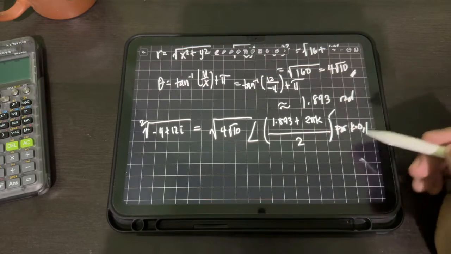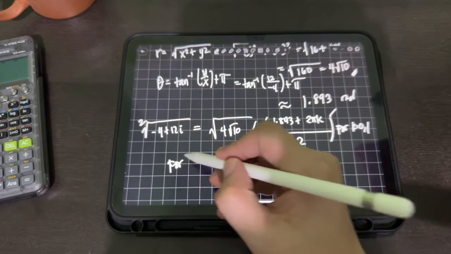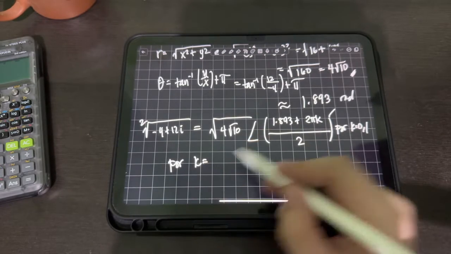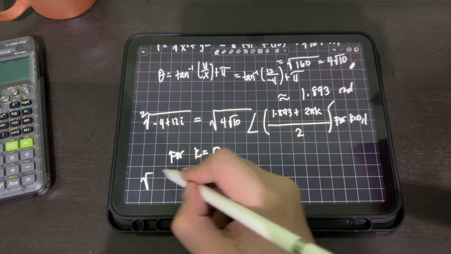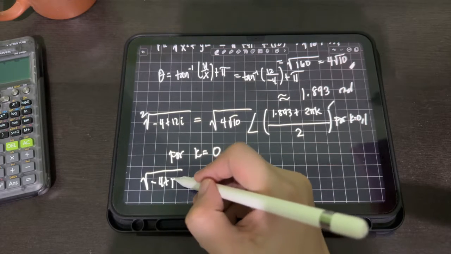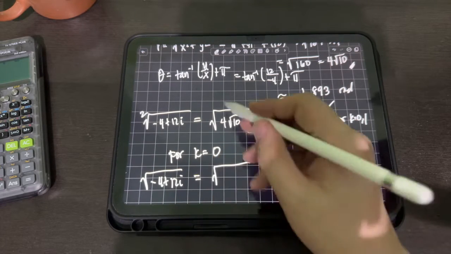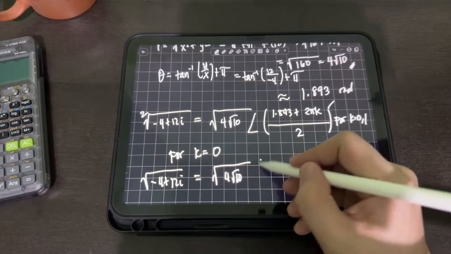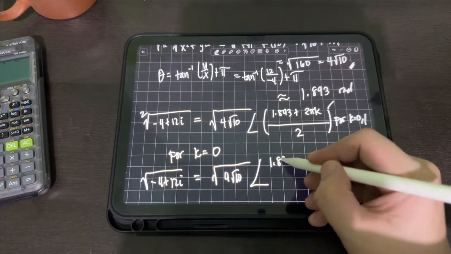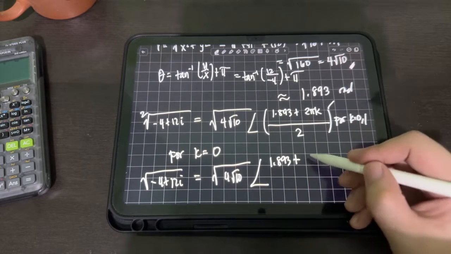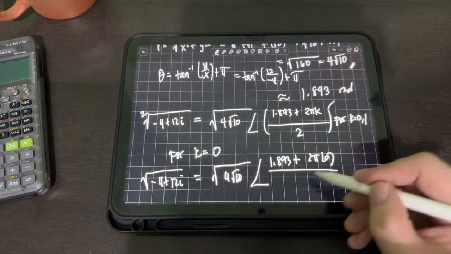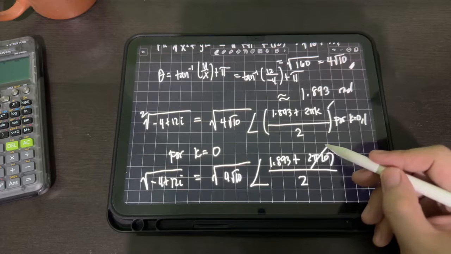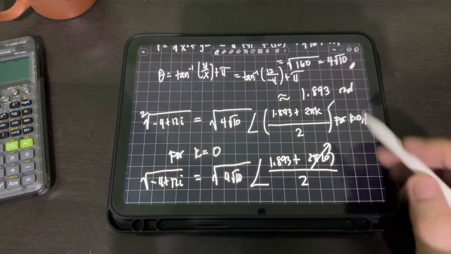We will find first the principal square root. We can have that by setting k equal to 0. Therefore, the square root of negative 4 plus 12i is square root of 4 square root of 10, angle of 1.893 plus 2 pi k, you substitute 0 for k, over 2. Or you can just remove this term since it's equal to 0.